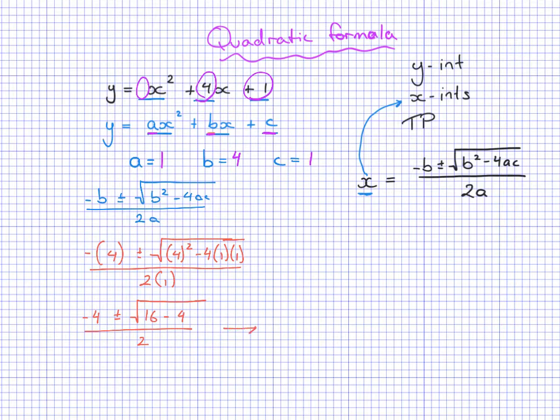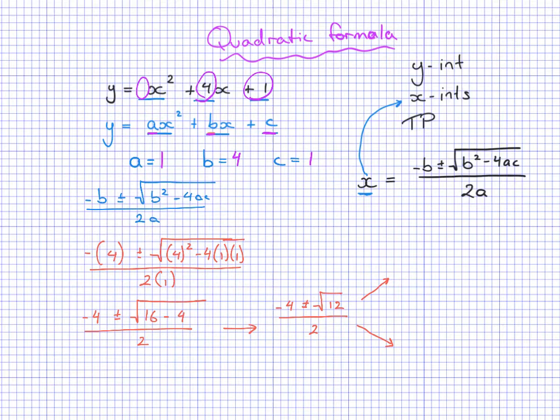I'm going to move to the right. Next step is minus 4 plus or minus the square root of 12, all over 2. And at this point, I could say to myself, that's where the two x-intercepts come from. Or if I wasn't interested in sketching, I could just leave it like that and say, these are my solutions or my x-intercepts.